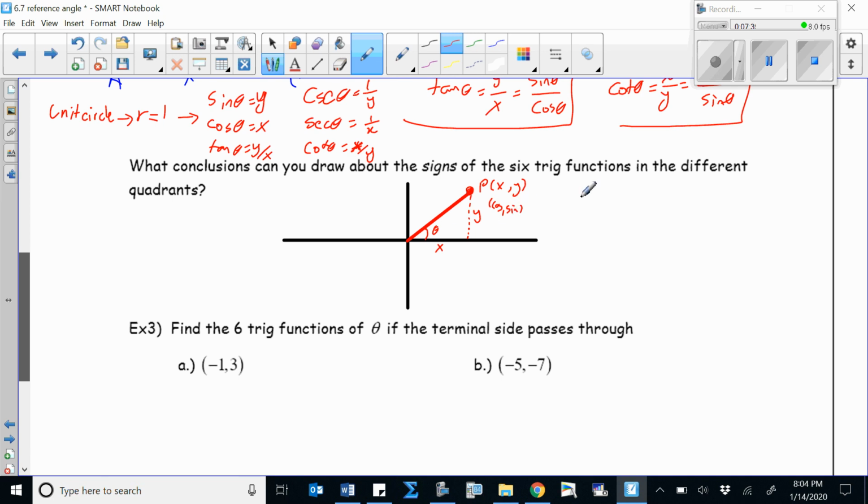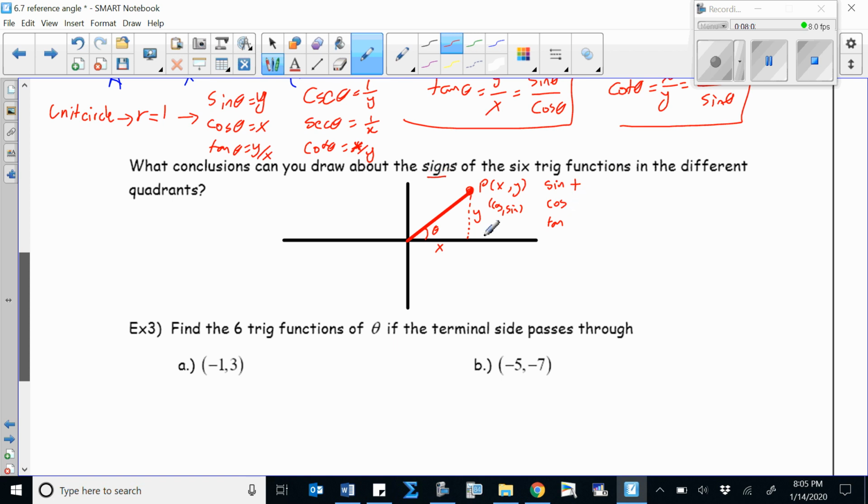Based on that, I'm going to figure out what are the signs of sine of theta, cosine of theta, and tangent of theta here. Sine is y, and this y, because it's above the x-axis, is always positive. So sine of theta is positive.